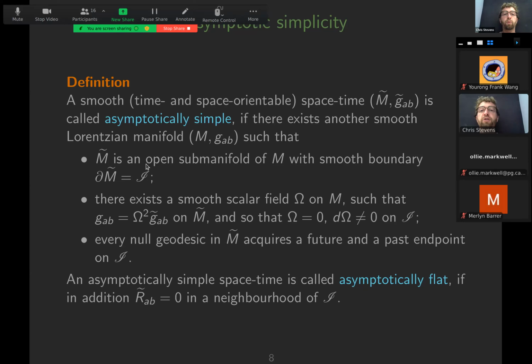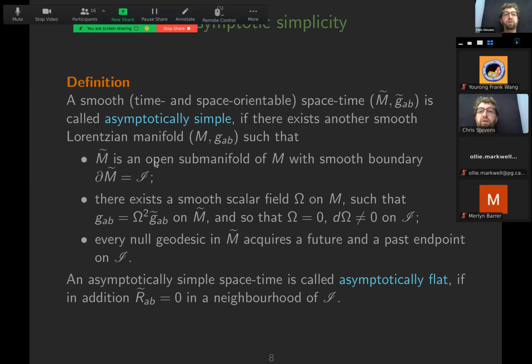Firstly, we want our physical manifold to be an open submanifold of the conformal one. Colloquially, think of the conformal manifold as being larger in some sense, and the physical one is a submanifold of that. It's obviously going to be an open submanifold because the points at infinity of the physical manifold are not there.